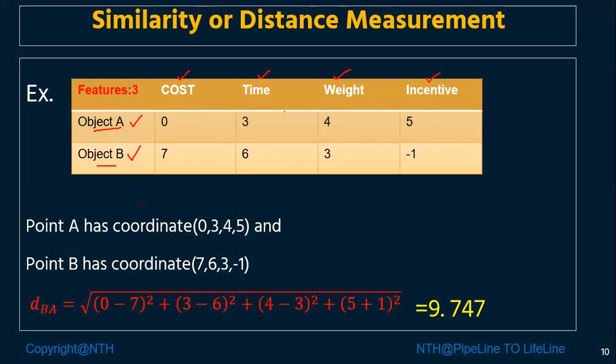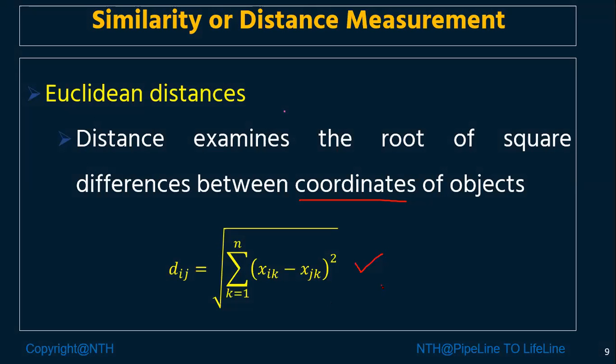Now I want to calculate the distance. The points 0, 3, 4, 5 are the points related to object A, and 7, 6, 3 and -1 are the numerical feature data related to object B. If you want to know the distance, correlation, closeness, similarity between A and B, the points will be measured as per the above formula, isn't it?